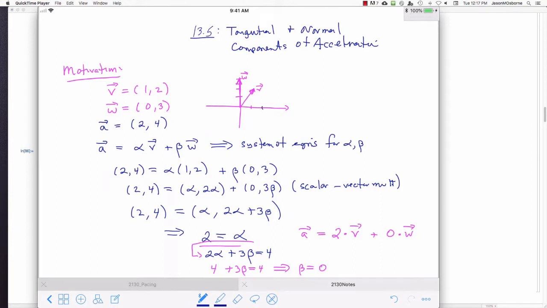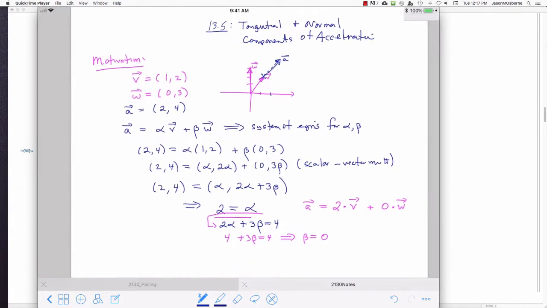But 2, 4, right? There's the vector a. And what we're seeing here is that the vector a is 2 times the vector v: 2 steps in the v direction and 0 in the w direction. So this is the kind of problem we've been given.